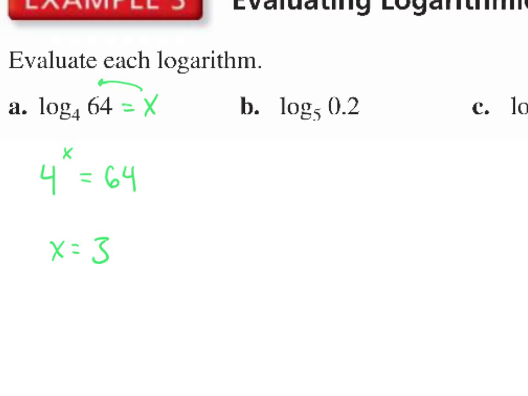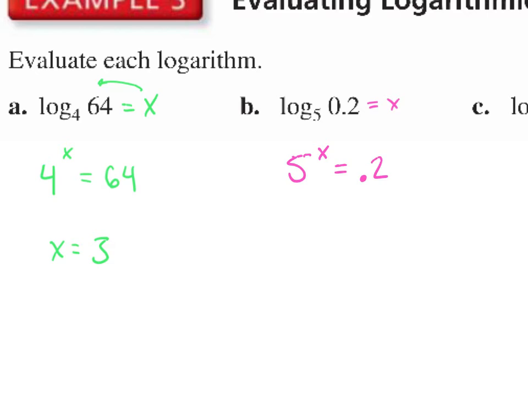All right, let's take a look at B. So this is equal to something that we're trying to figure out. What's our base? 5. What's our exponent? X. And what's this equal to? 0.2. Now it's a little tricky because 5 to what power gives us this decimal. We're kind of more used to seeing it as a fraction.